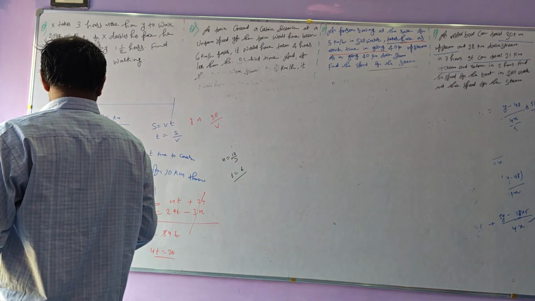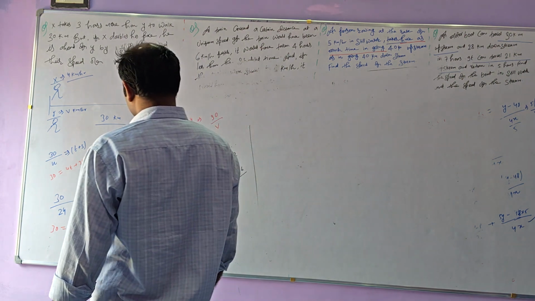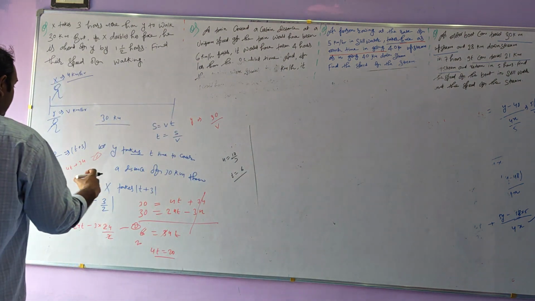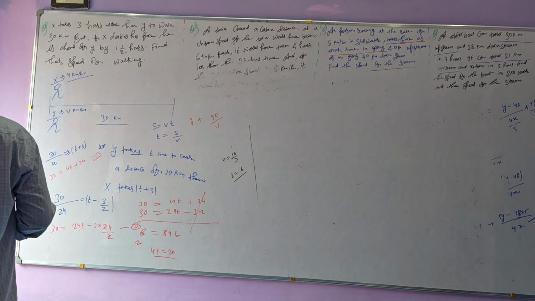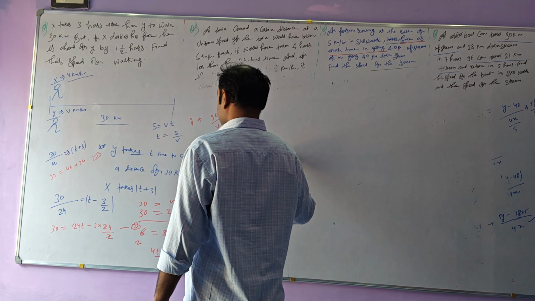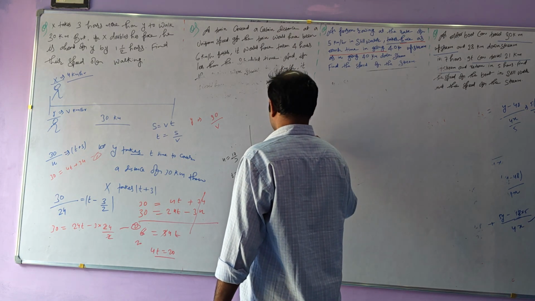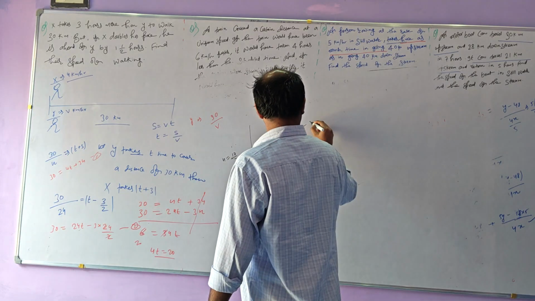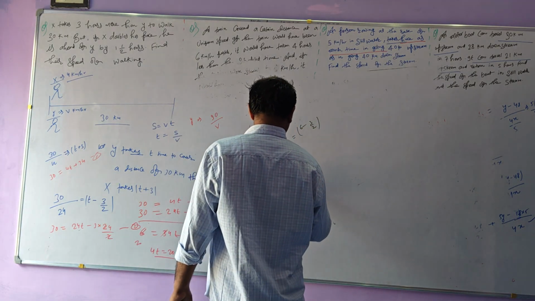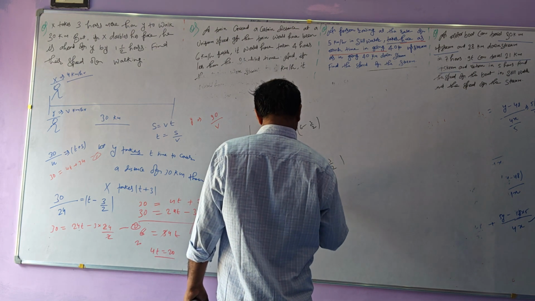Okay, that's it. 3 into 30 upon 20, 6 minus 3 upon 2.